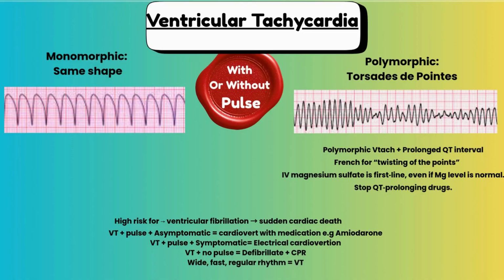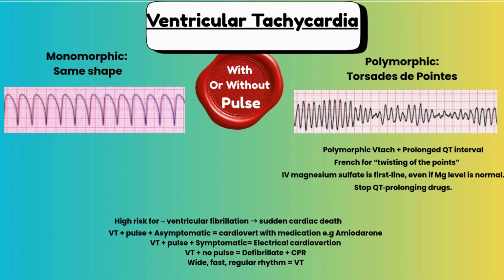So Torsades de pointes is usually caused by prolonged QT interval, or hypomagnesemia or hypocalcemia. Three things. Torsades de pointes is caused by 1, prolonged QT interval, number 2, hypomagnesemia, number 3, hypocalcemia.